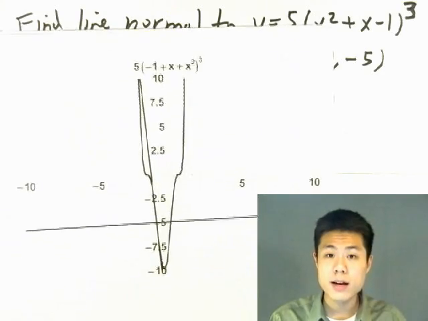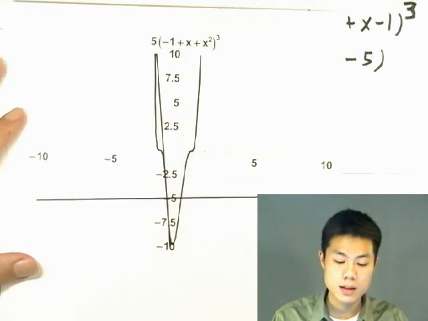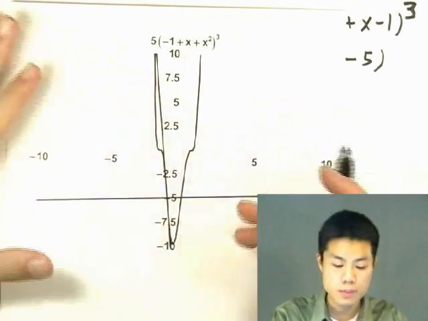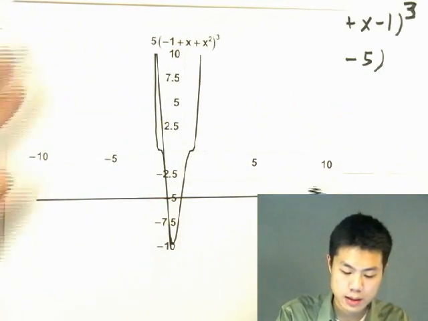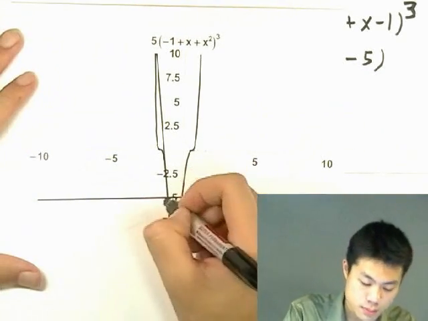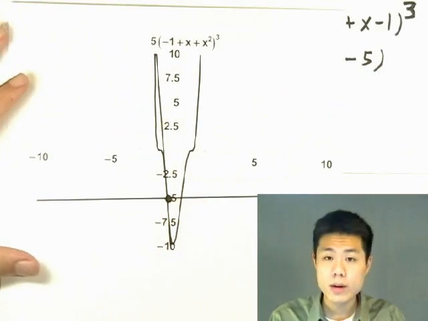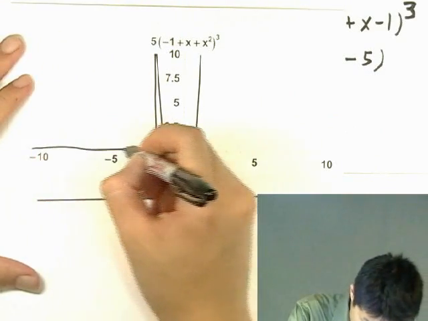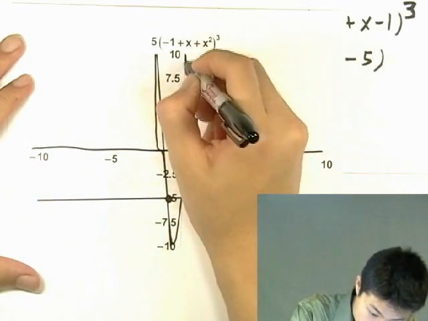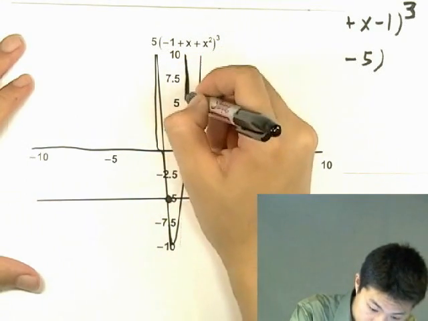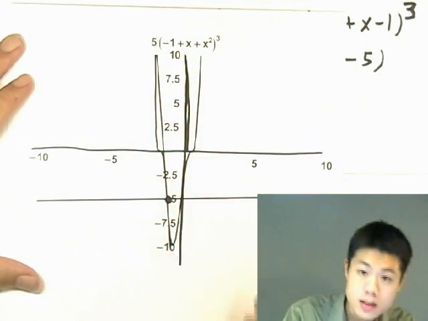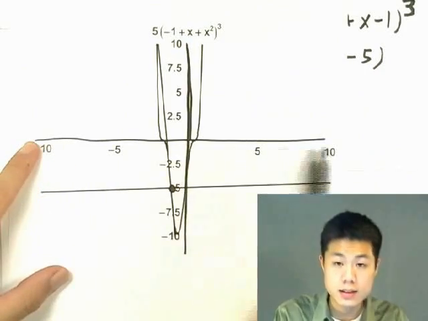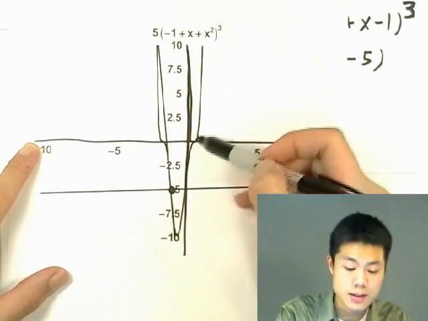So here's a graph. It's a bit narrower, but you can still see a point here. So that's the point negative 1 comma negative 5. Let me draw in the axes. Alright, so this is the axes here, and the graph is this thing here.